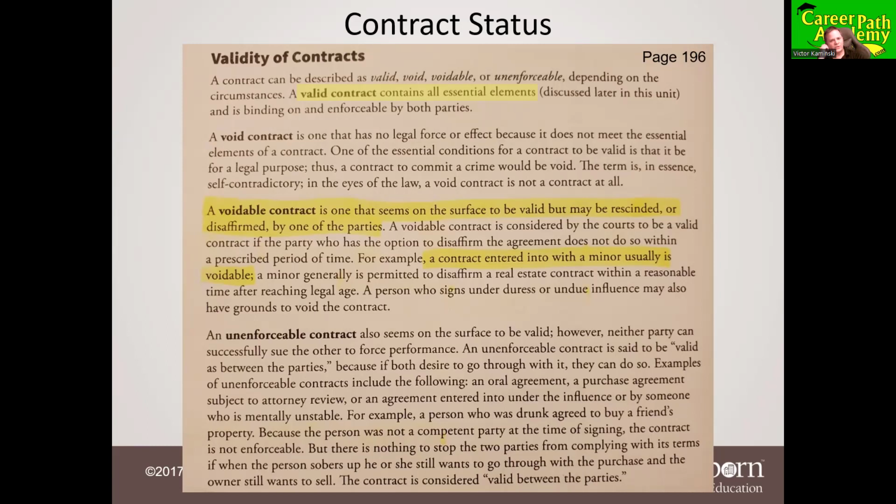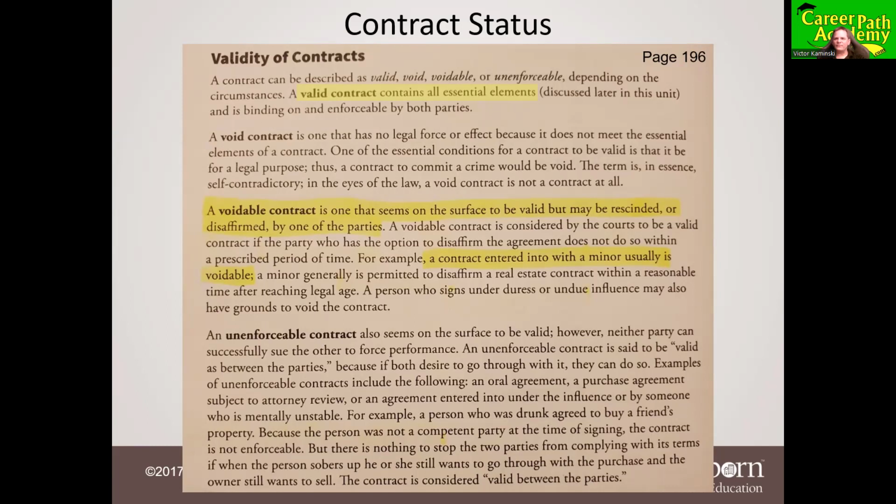And then an unenforceable contract is one that also seems on the surface to be valid, however, neither party can sue to force performance because neither party was a competent party at the time that they signed it. Like if you've got two people who are falling down drunk and they sign a contract, is that legally binding in a court of law? No, because neither one of them was a competent party.